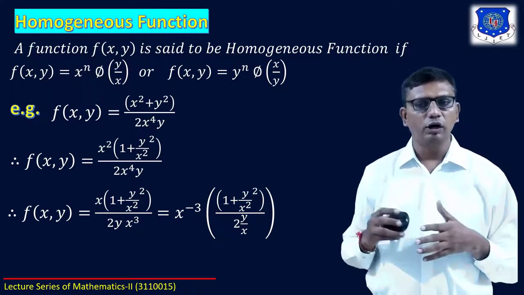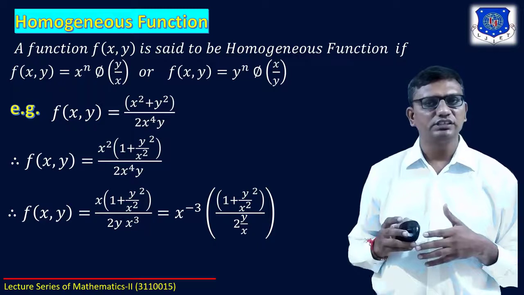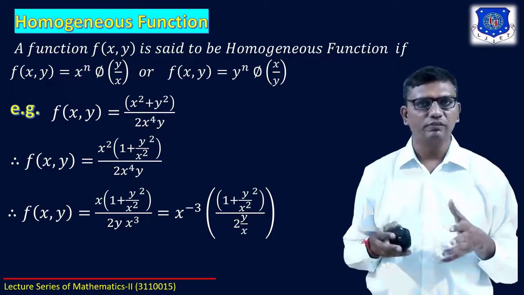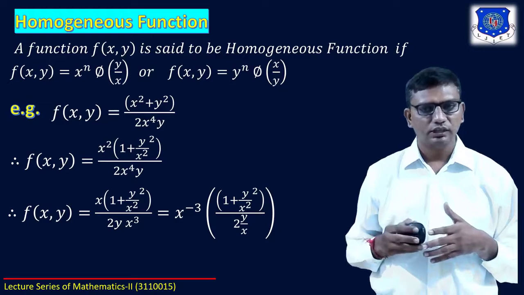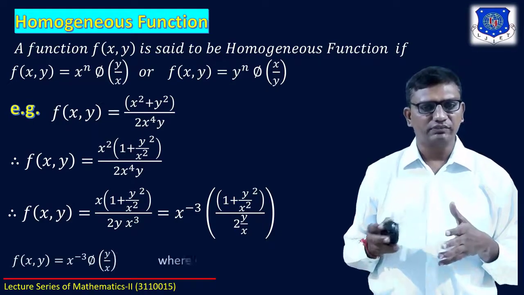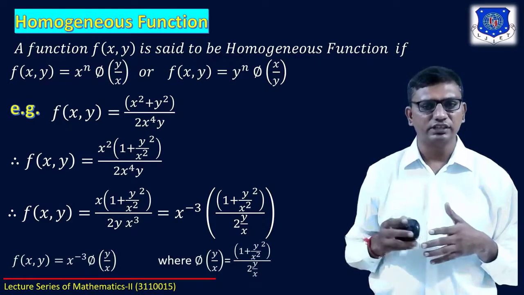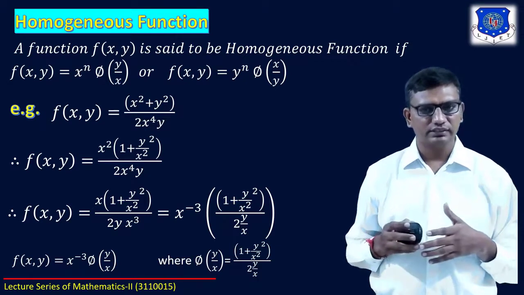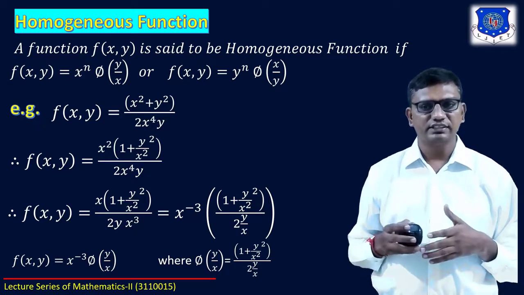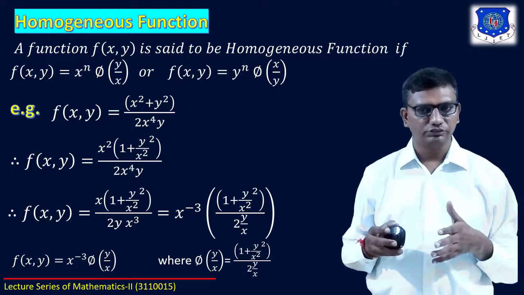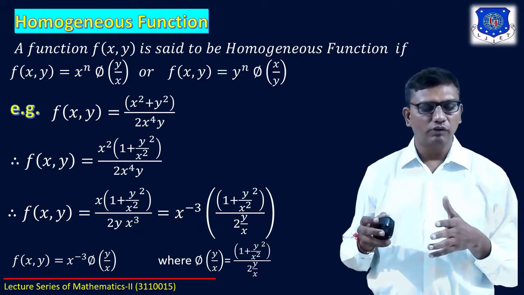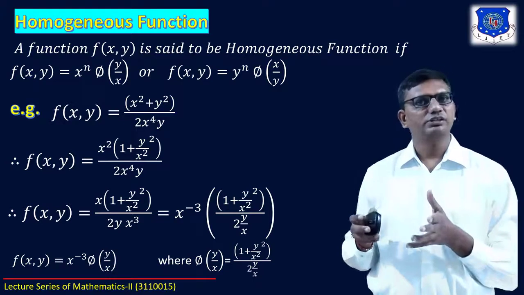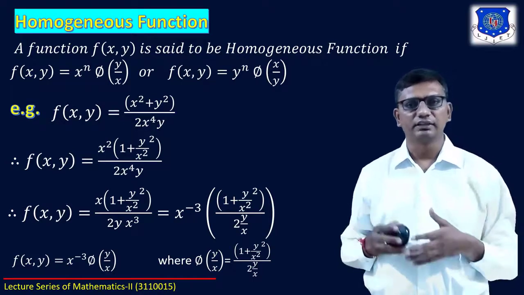Now our total form of remaining function is y by x form, and power of x is x raised to minus 3. Now f of xy can be written like this: x raised to minus 3 into phi of y by x, where phi of y by x is our function 1 plus y square upon x square upon 2 y by x. Here our function is of the form y by x.